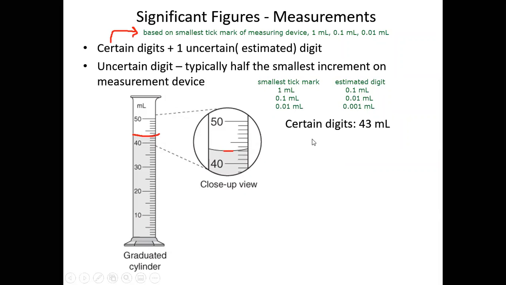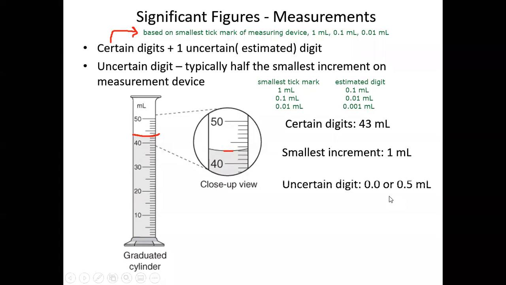And so the estimated digit is an estimated digit. It's based on the observer. So if it's close to 43, I may say 43.0. But if you put 43.1 or 43.2, that's still an acceptable estimated digit, because at the end of the day, it's an estimated digit. So again, the smallest increment is 1 milliliter. So since the smallest tick mark is 1 milliliter, our estimated digit should be in the tenths place.